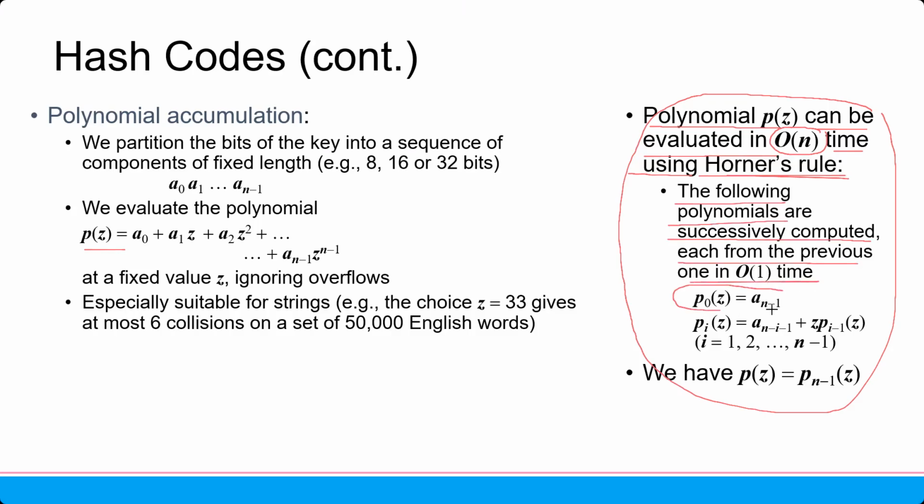If we have P0(z), then we have only a(n-1). If we have Pi(z), then we have a(n-i-1) plus z times P(i-1)(z), and so on. So it means P(z) equals P(n-1)(z). That's why using this definition, we can have O(n).